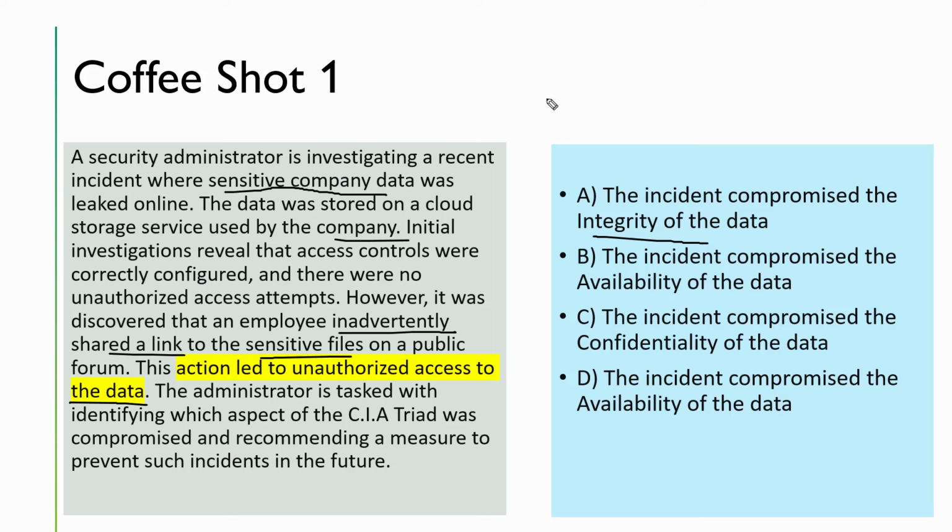Let's take an example. We have a system A and a system B. If system A and system B want to communicate with each other, how do we ensure the integrity of the data? In this scenario, we have a data.